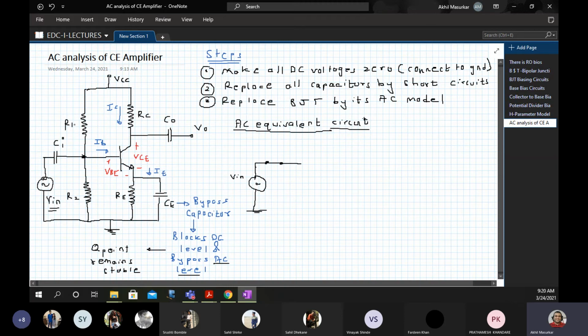That means R1 is now parallel to R2, and here we reach the base of the transistor. So now I will draw here the AC model of the BJT.